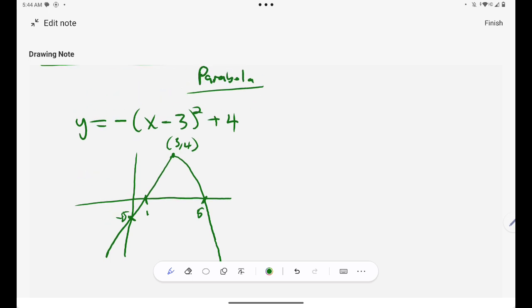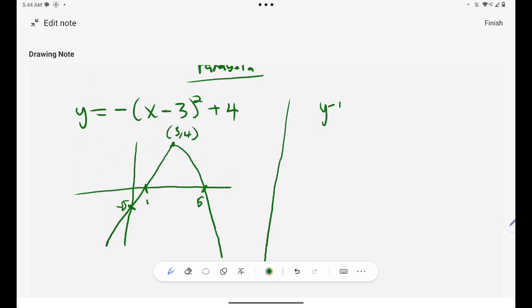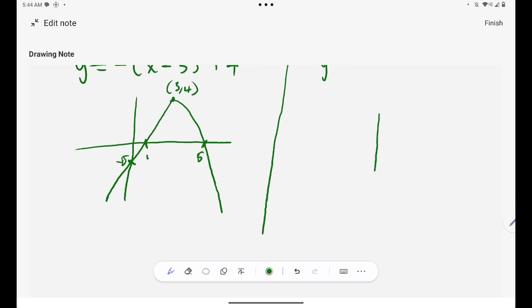For me to find the inverse, it's still the same logic, guys. Whatever happens on y will happen on x, and whatever happens on x will happen on y. Are you together? Firstly, my turning point will be here. The x coordinate will be 4, the y coordinate will be 3.